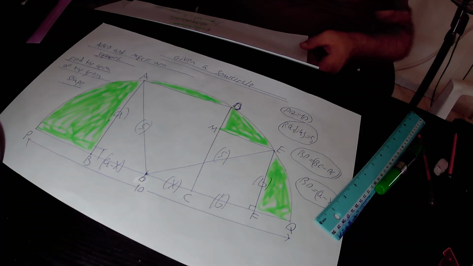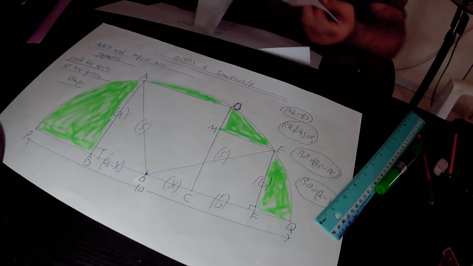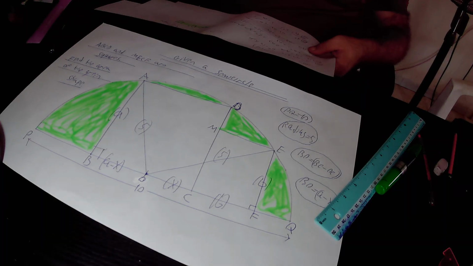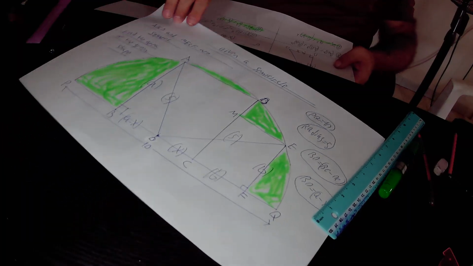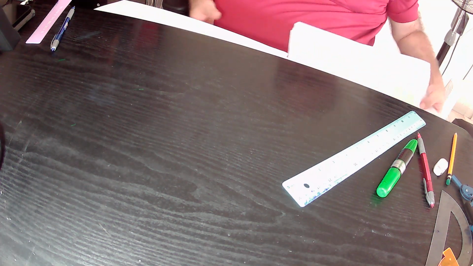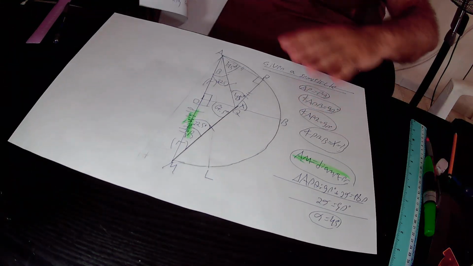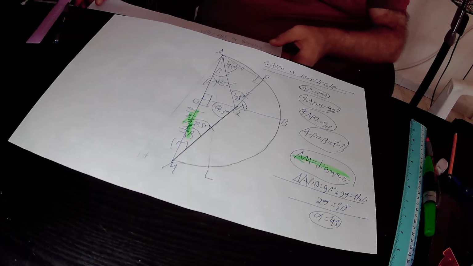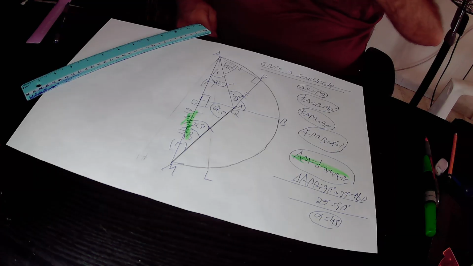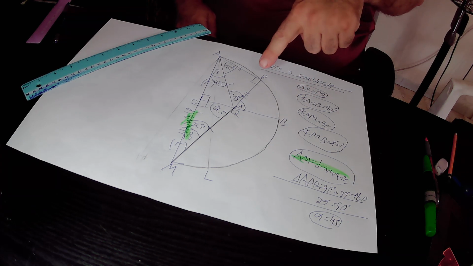We'll start with the first question, of course. In the first question, our task is to find the size of angle x, or the size of angle PQB, which is equal to x.